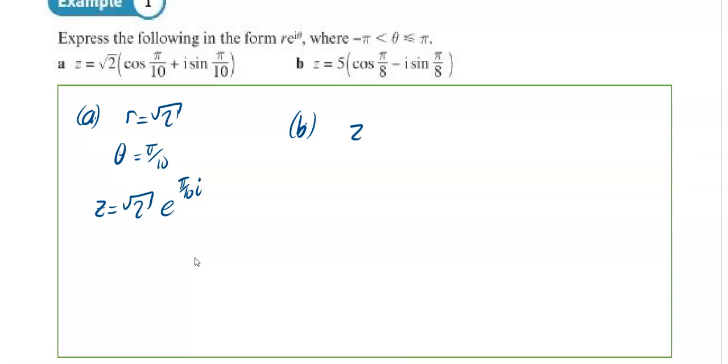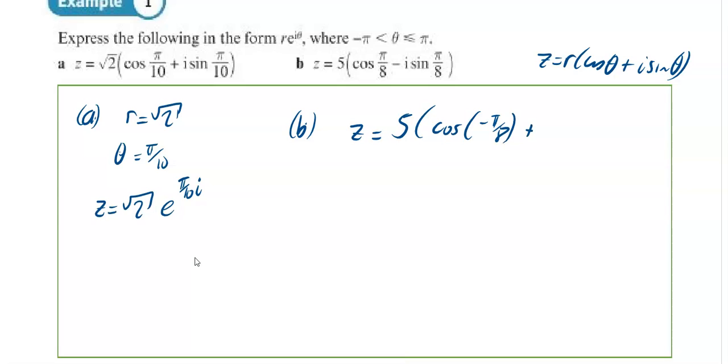Okay, part B. We touched on it at the very start. And remember, it is z is equal to r times cos theta plus i sine theta. So we don't have that at the minute, so we've got to change that. That is 5 times cos of minus pi over 8 plus i sine of minus pi over 8.